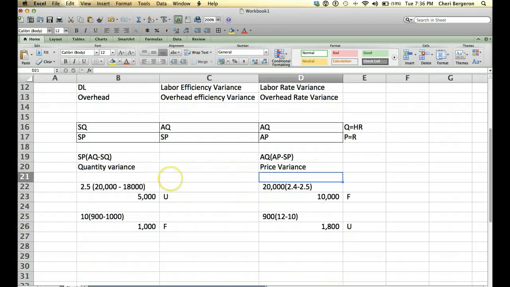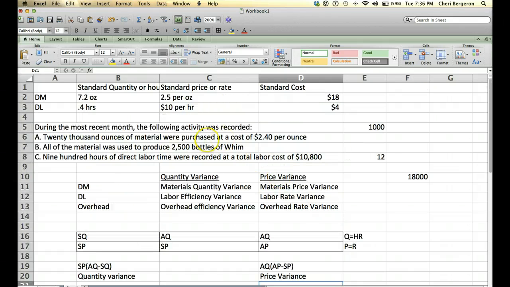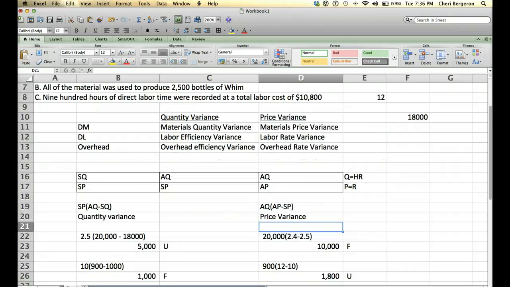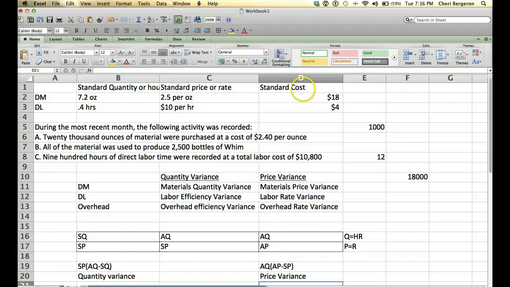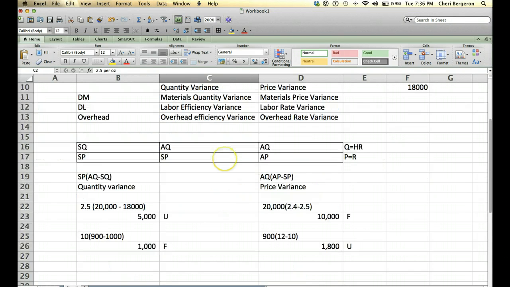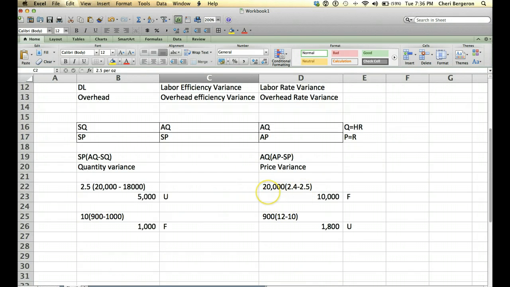And then my actual price is going to be $2.40 per ounce. So that's my $2.40, and then my standard price is given up here at $2.50. So when I subtract those two and then multiply by 20,000, I'm going to get 10,000.